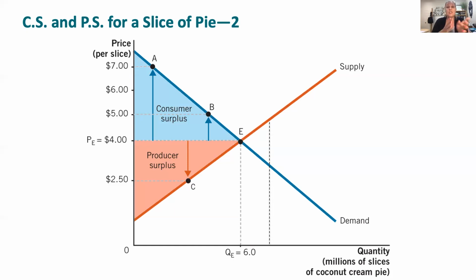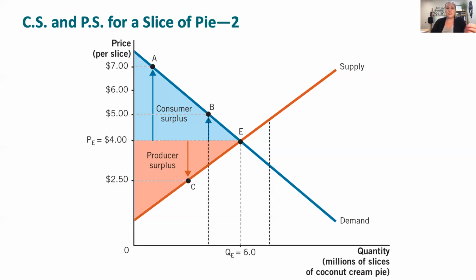Similarly, we can see that to the right of the equilibrium quantity, the demand curve, the willingness to pay, is below $4. So those consumers, those buyers, would not be willing or able to pay $4 per slice. So to the right of equilibrium, those transactions are very unlikely to happen. And if they do, it's because someone was making poor decisions and they're not actually benefiting from going through with that transaction. So let's look at the opposite.